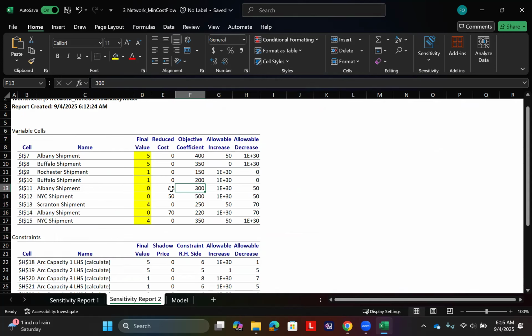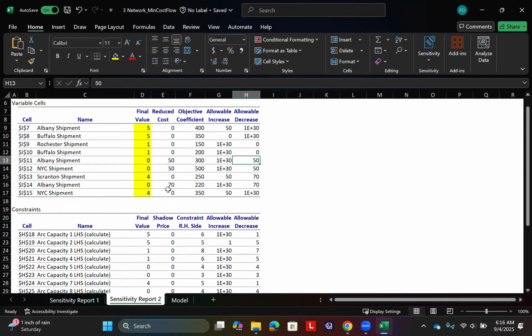The reason is that if this arc doesn't make any sense at 300 cost level, why would it make sense if I increase the cost? Okay, that's what this number means. However, here, if I decrease this cost, $300 arc cost per shipment, at least by $50, then this solution will change. I don't know what the new solution will be, but it will change. Probably I will start sending products on this arc.